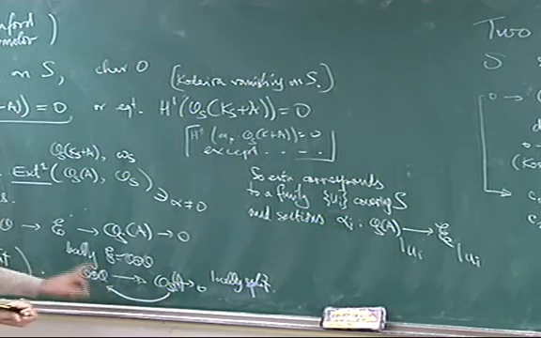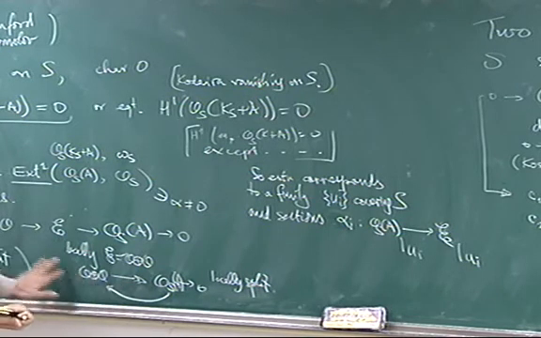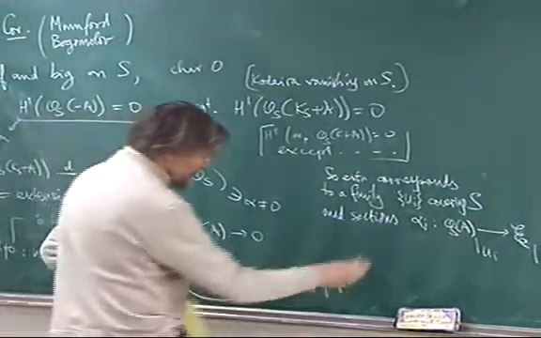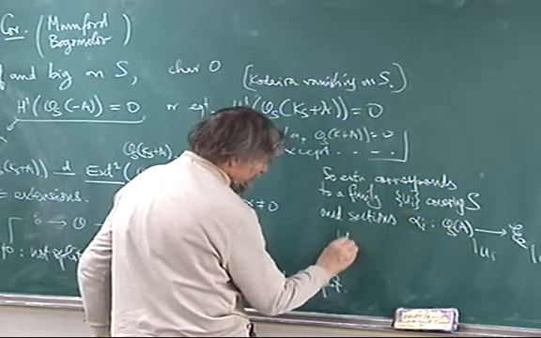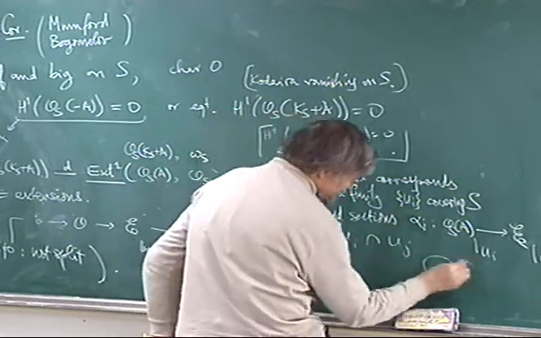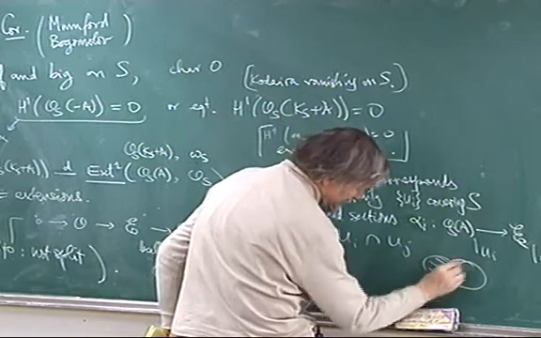So now I ask, why can't I just take the kernel and glue the kernel together as well in the same way? If I do U_i intersect U_j, then I have a splitting over here and a splitting over here.